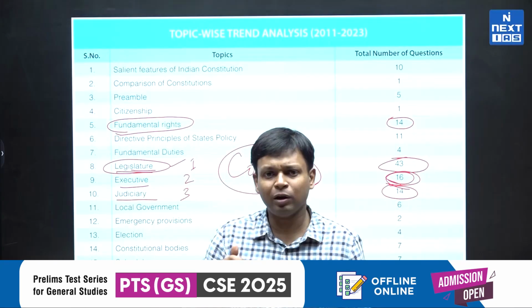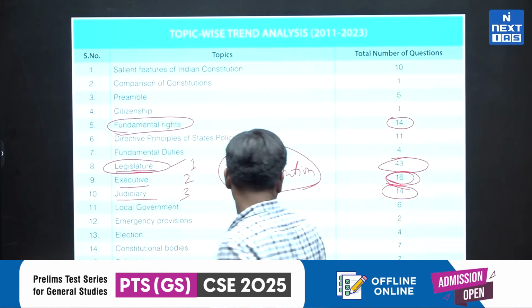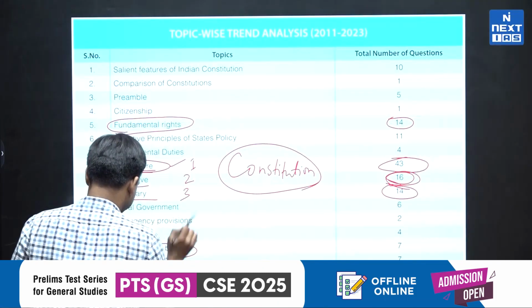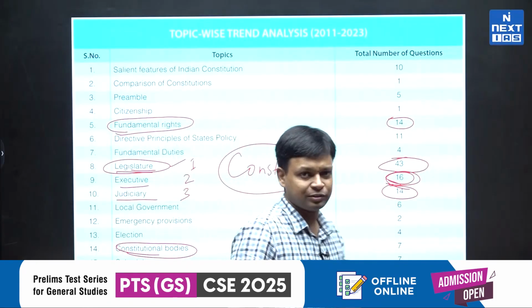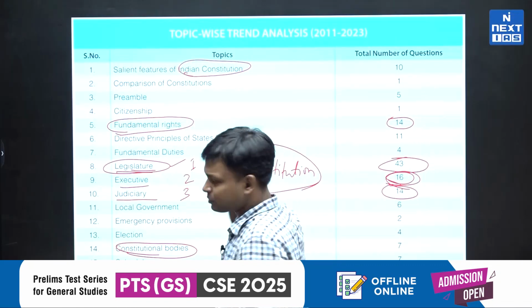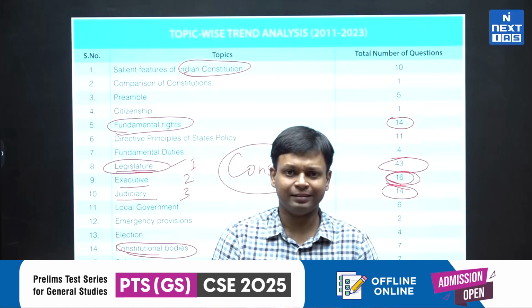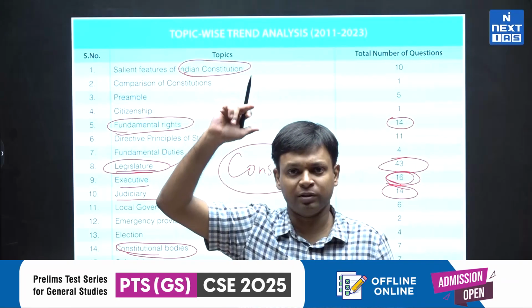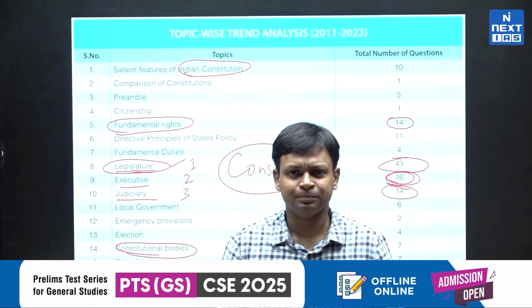Then there are some small topics which are important. In that, emergency provisions, then you look at constitutional bodies. Bodies are very important. Constitutional bodies and this first one, salient features of Indian constitution. तो सबसे पहले अगर हम priority करें legislature, then executive, then judiciary, and then we are looking at salient features of the constitution, the making of the constitution, very, very factual in nature.